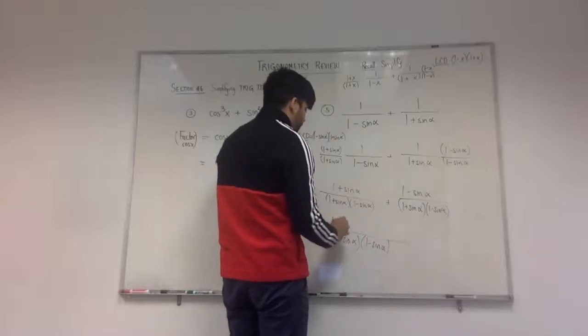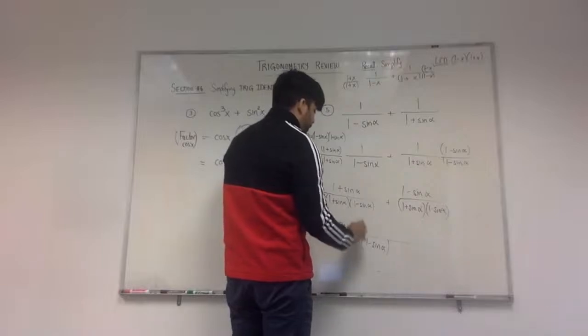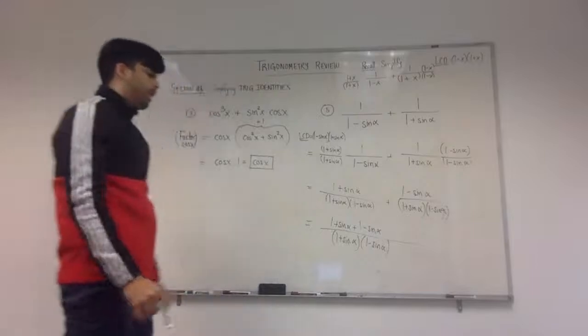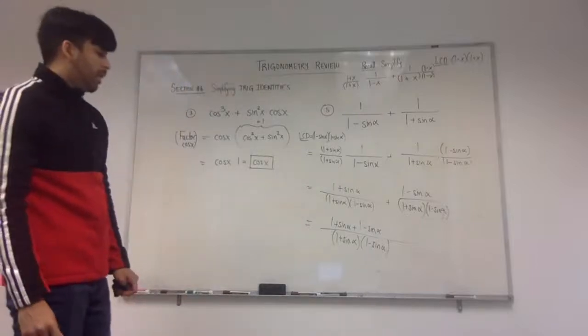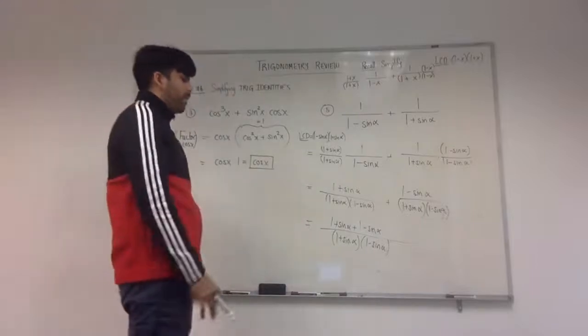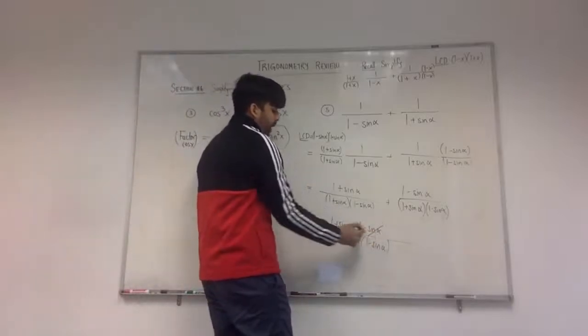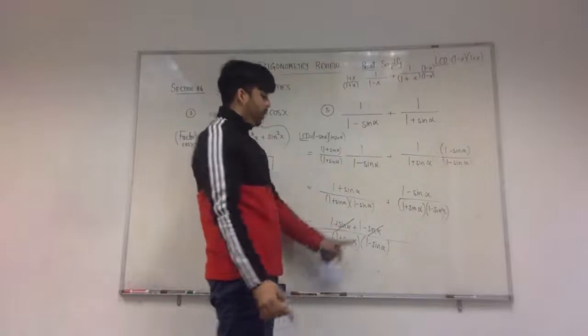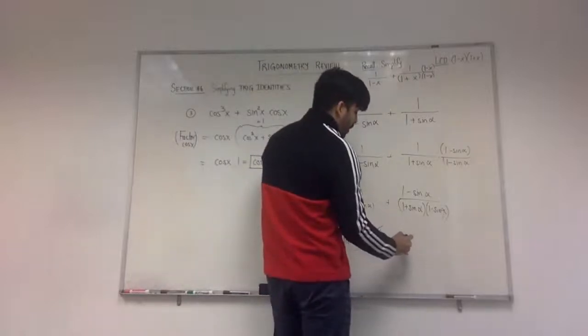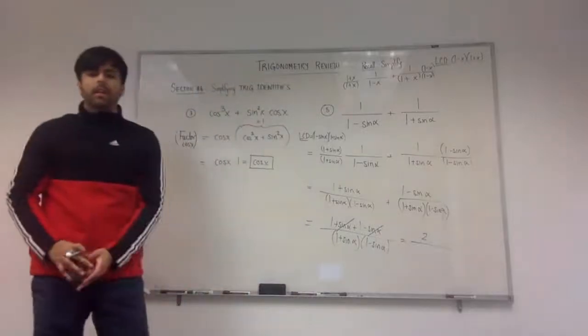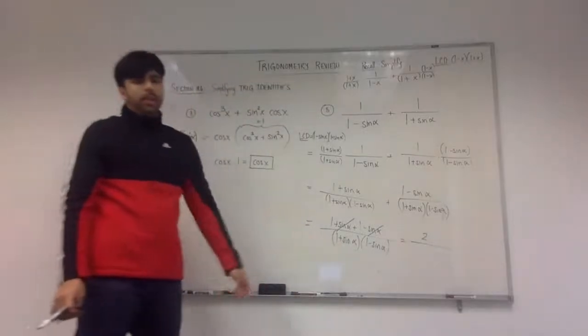So 1 plus sine alpha plus 1 minus sine alpha. And what happens? The sine alpha minus sine alpha goes away. The 1 plus 1 becomes a 2 on the top. Now, the interesting thing that occurs is in the denominator.